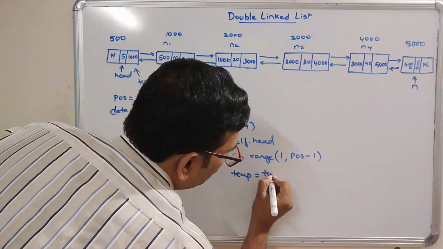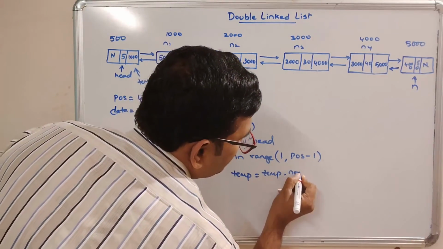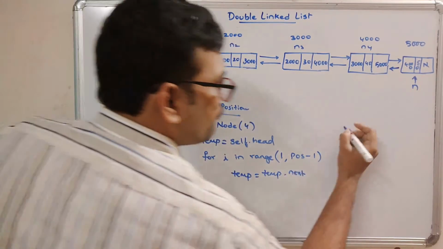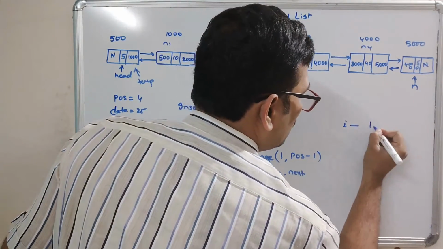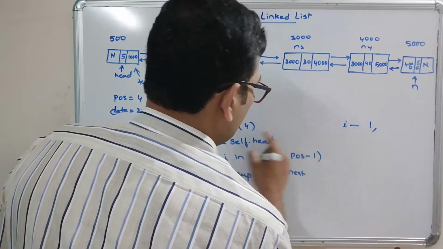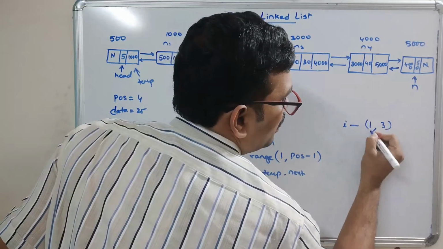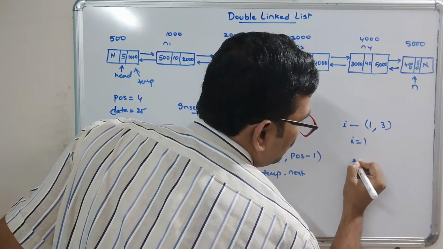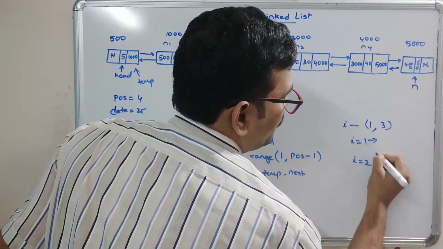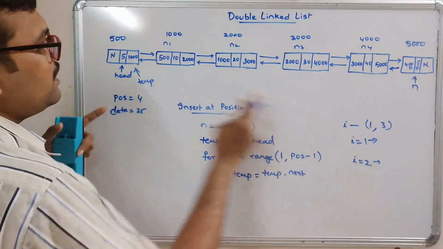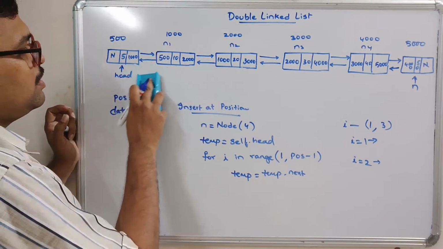Temp is equal to temp.next. So i ranges from 1 to position minus 1, which means 3. That means i is equal to 1, i is equal to 2, right? So after the first iteration, the temp becomes here.